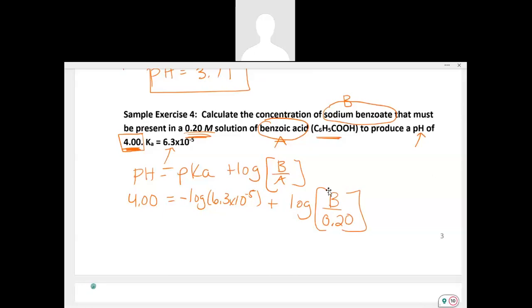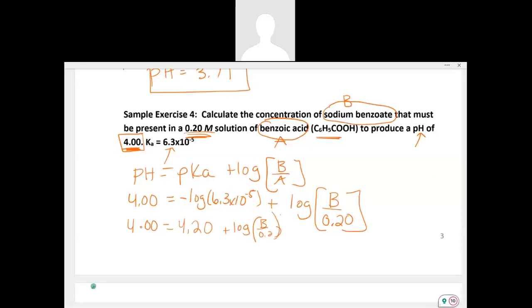We're going to end up rearranging this equation a little. So 4.00 is going to equal, when we take the negative log of Ka, 4.20. Then we still have this unknown portion, B over 0.2, which we can separate.